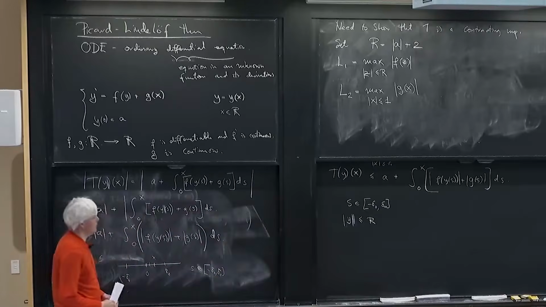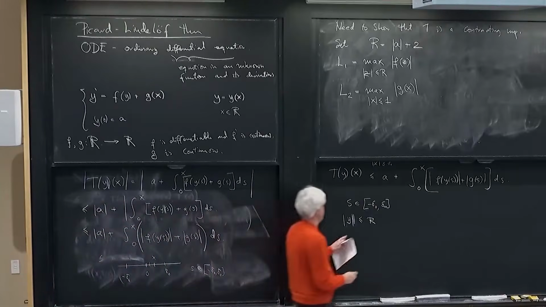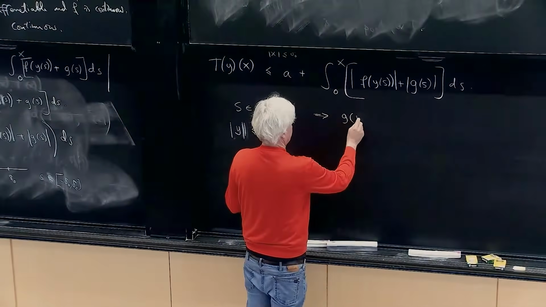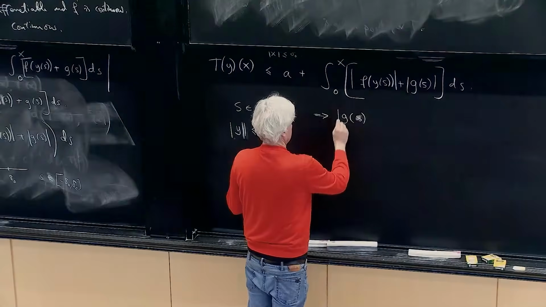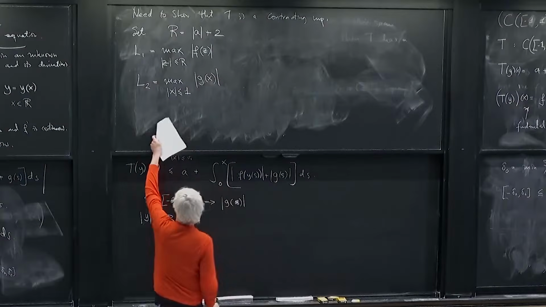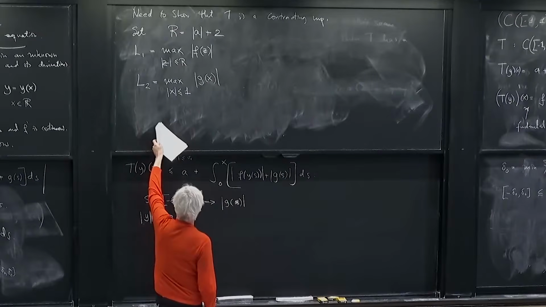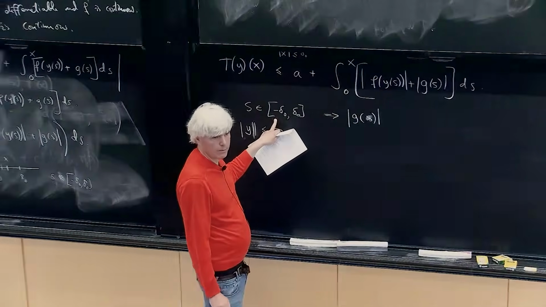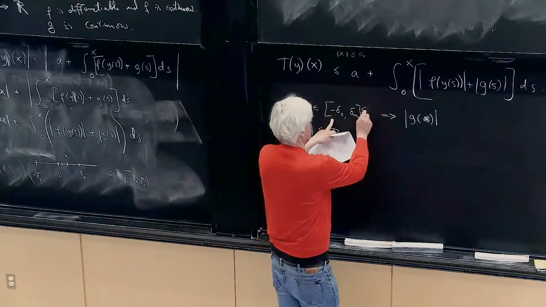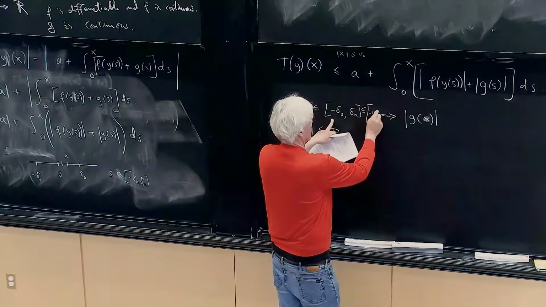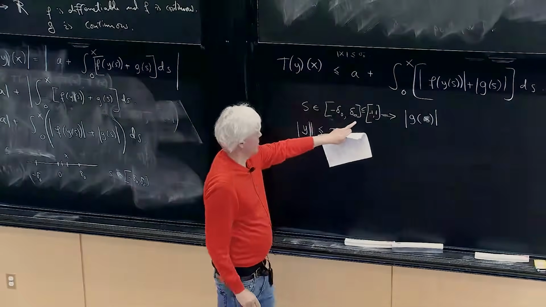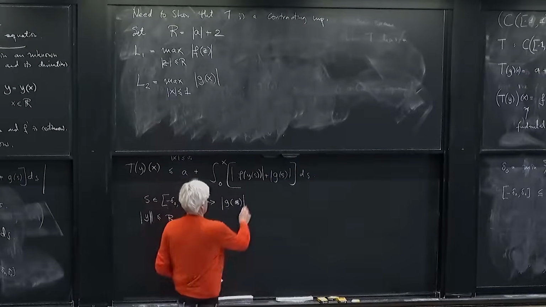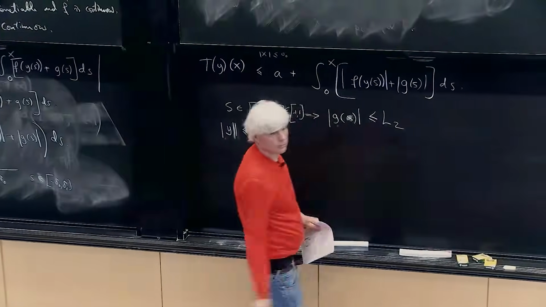Now, if I'm using these two things, then this means that g of s, this is how we defined L2, right? Because this interval here is contained in the interval between -1 and 1. So we have that g of s is less or equal to L2.